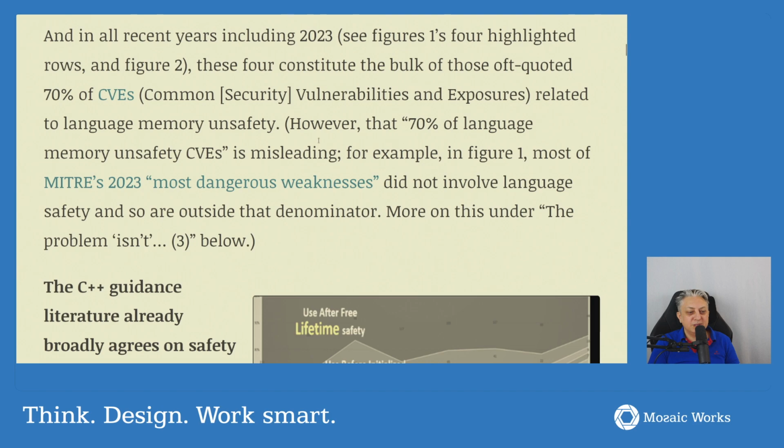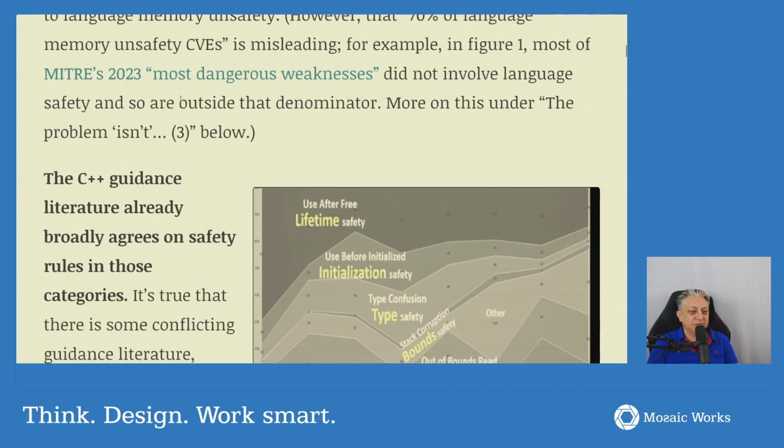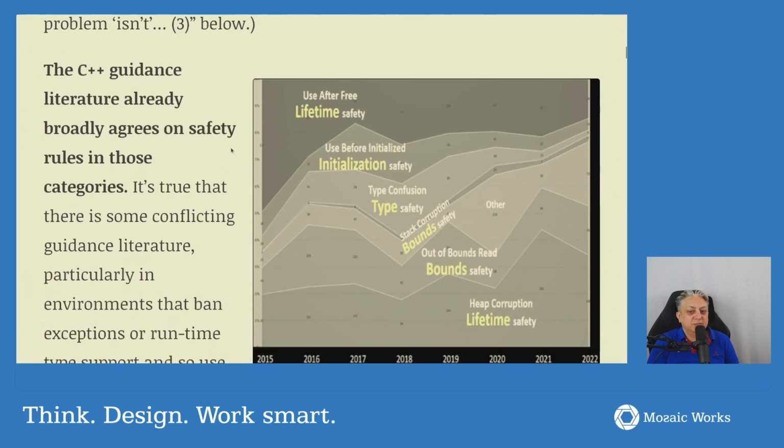However, that 70% of language memory safety CVEs is misleading. For example, most of 2023's most dangerous weaknesses did not involve language safety and so are outside the denominator. More on this under what the problem isn't. Yeah, so of course there are some misconceptions, and it's really great to see that Sutter is clearing that map, but they don't absolve us from actually doing the right thing and writing code that is safe by default.